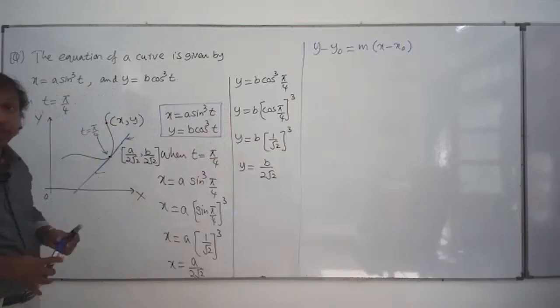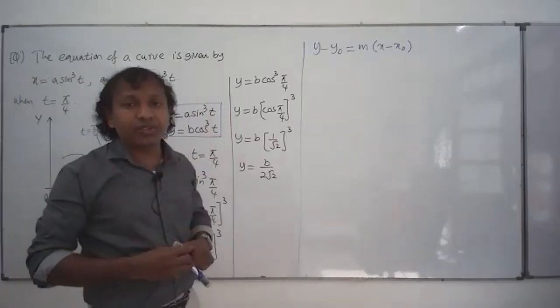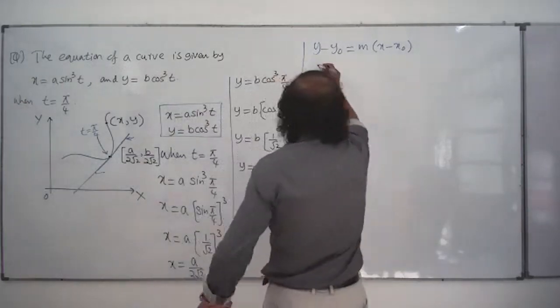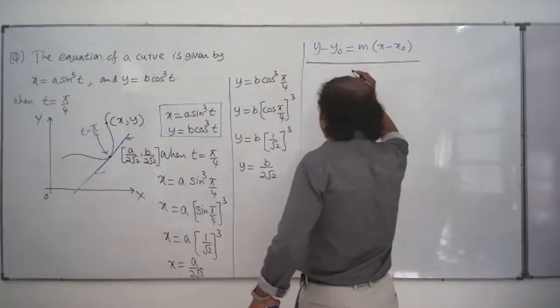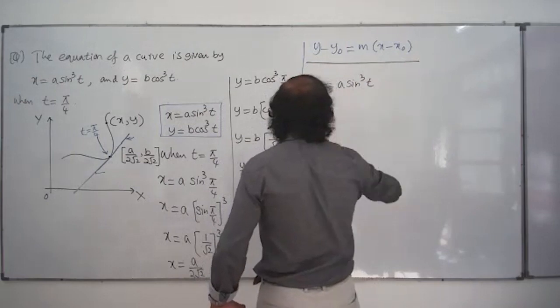Now let's see how to find that. We have to use parametric differentiation we learned in the differentiation lesson, right? Then let's see how to differentiate that. x equals a sine cube t.